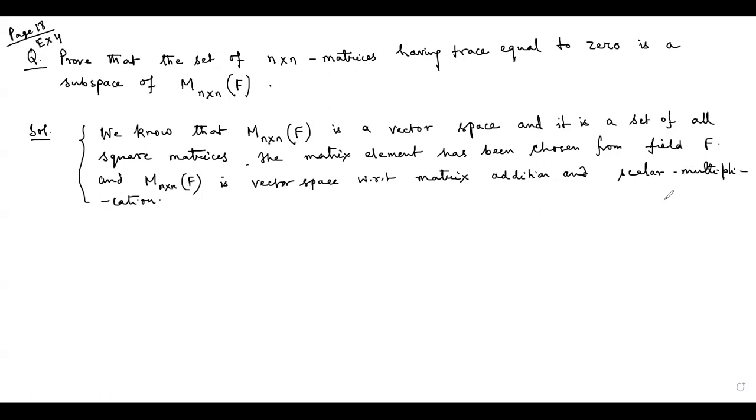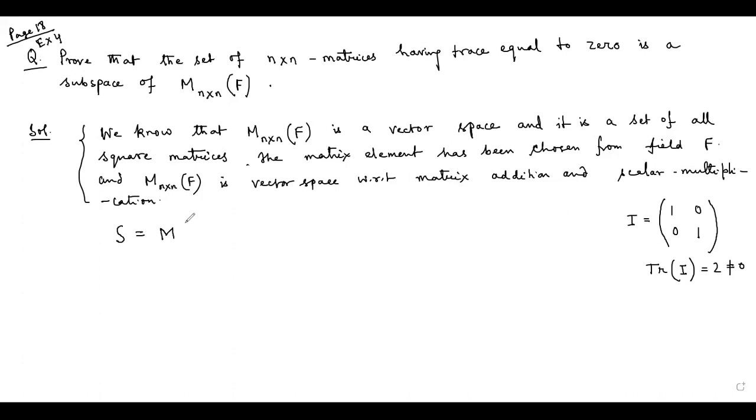But it is also true that not every square matrix has trace equal to 0. I can consider this square matrix 1 0 0 1. This square matrix is the identity matrix where trace of I is equal to 2. It is not equal to 0. So here the subset of this vector space that has been considered is the following.